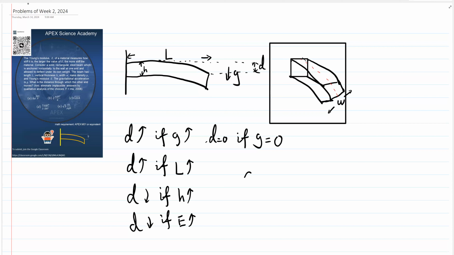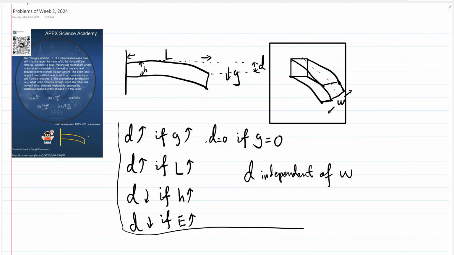Therefore, you expect D is independent of W. Okay. Now you put everything in this thought experiment together. Now let's check all the answers.